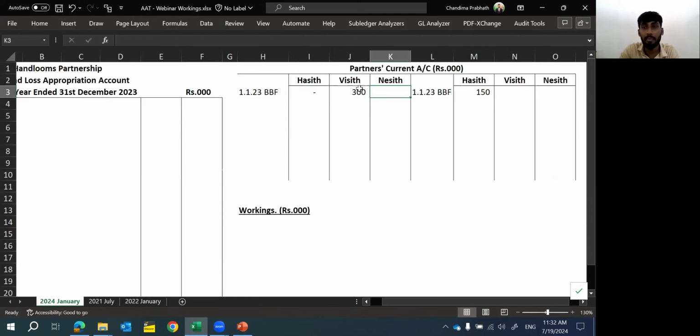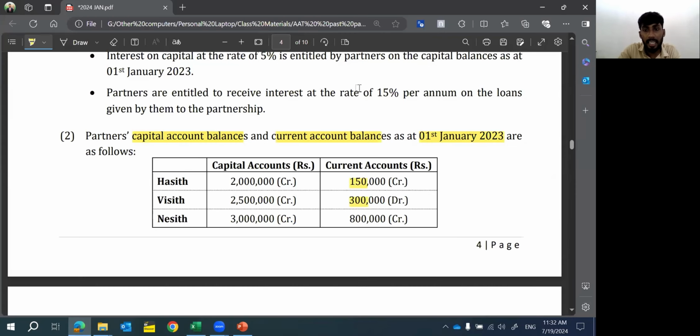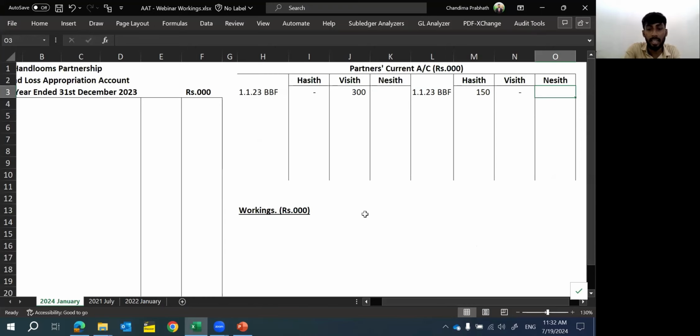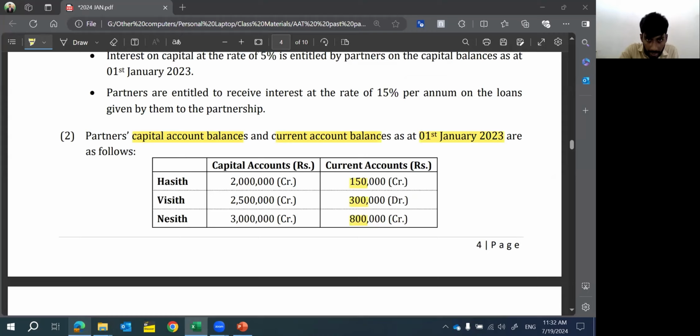For him, it's a debit balance. Then Nesit has a credit balance of 800. So here I recorded that. First of all, I recorded the balance brought forward. Next one. Now I can tick that. I'm putting a tick here.